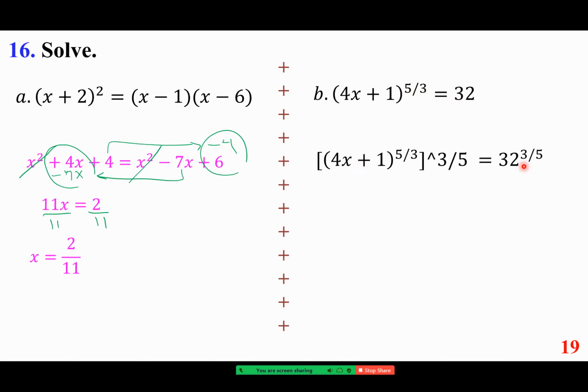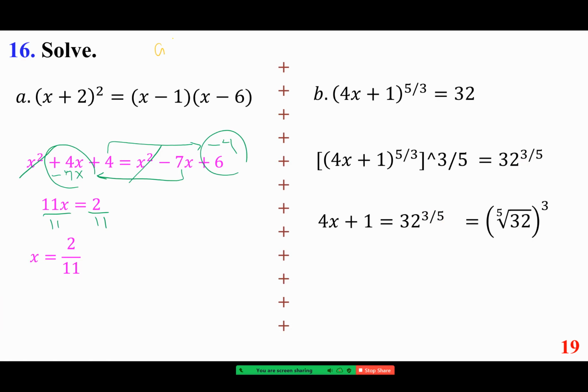Now, 32 to the power of 3/5 needs to be discussed. I hope you remember this is the 5th root of 32 to the power of 3. In other words, what I want to show you and remind you is the following.